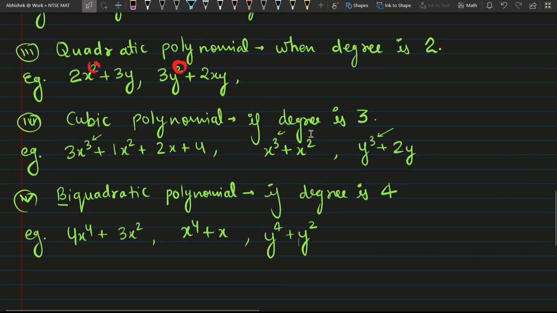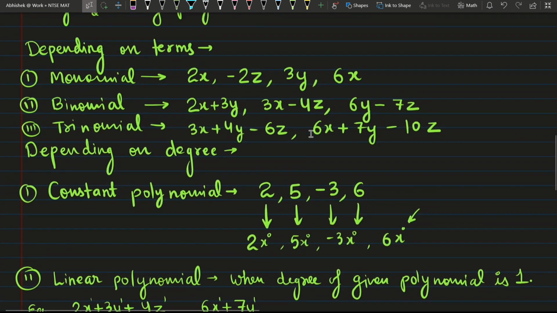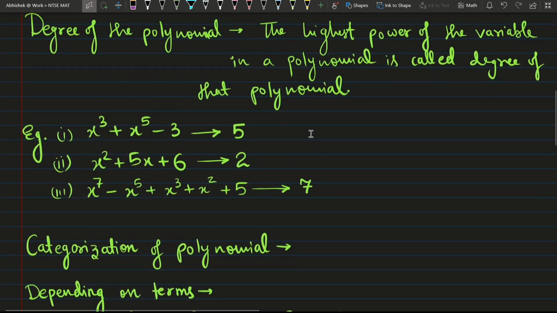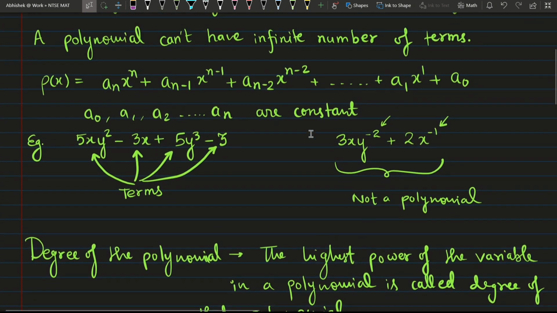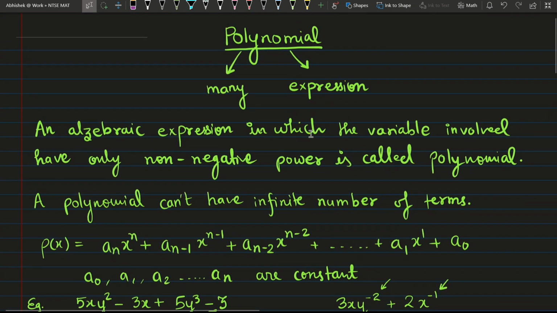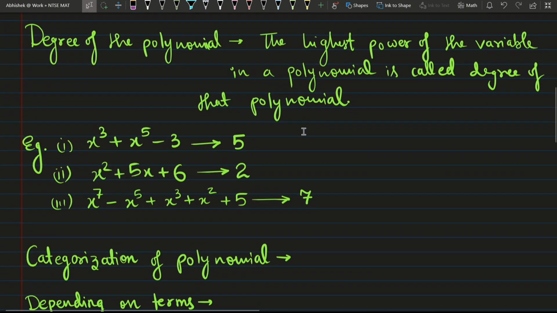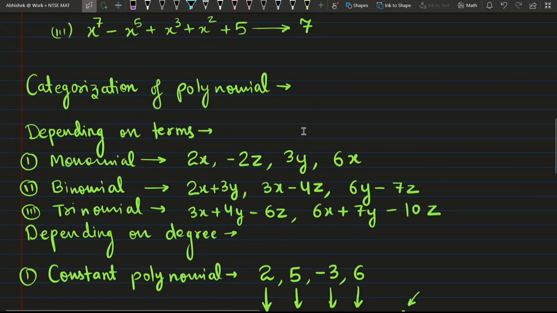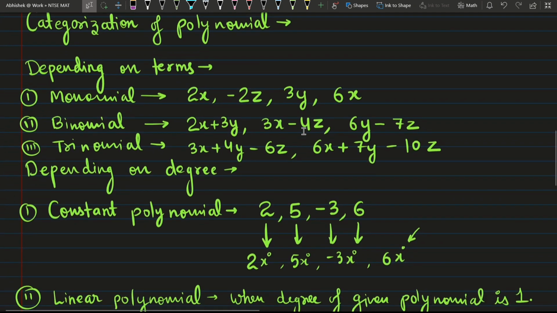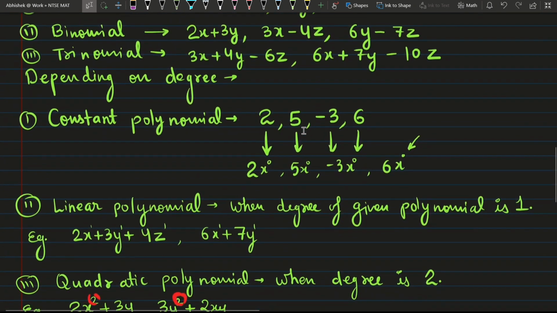Okay. So I hope you understood the entire basic concept of the polynomial, where I have discussed what a polynomial is, what the degree of a polynomial is, and the categorization of polynomials depending on degree.